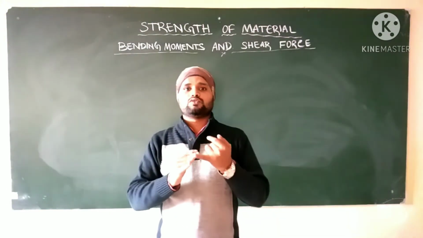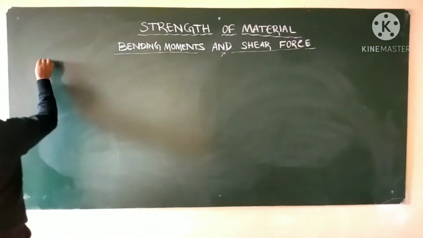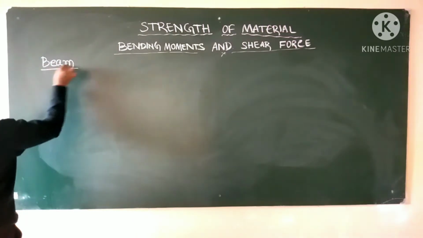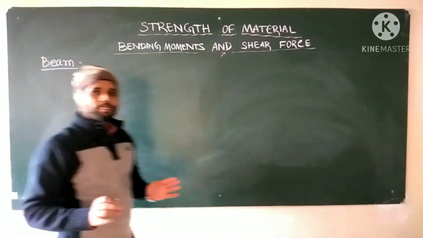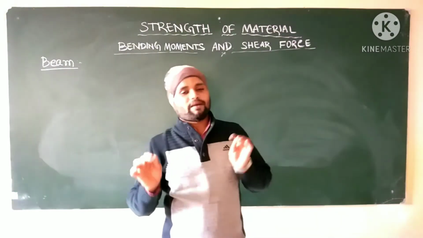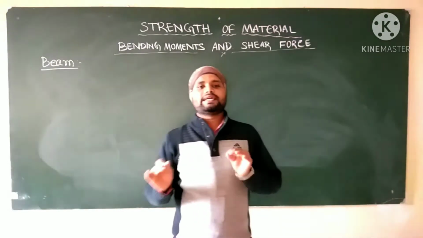First, what will we study? Beam. What is a beam? A beam is a structural member which is acted upon by a system of external loads at right angles to its axis.